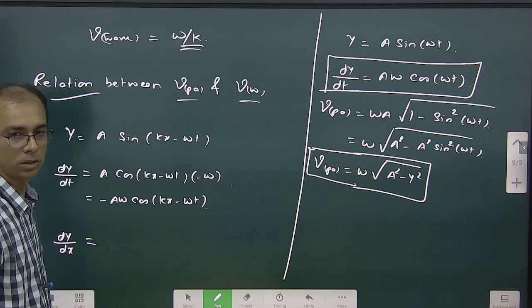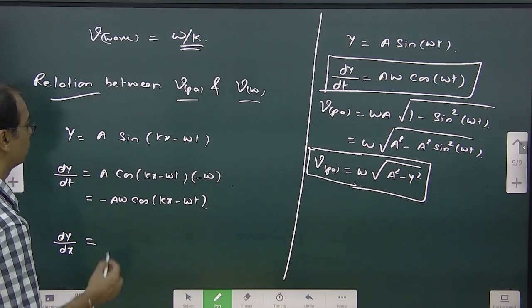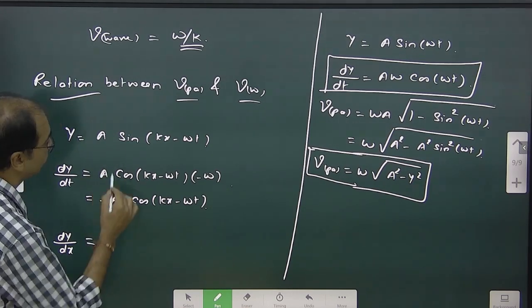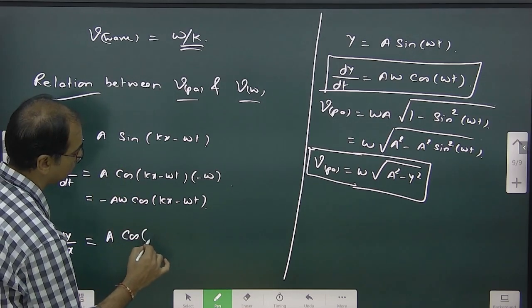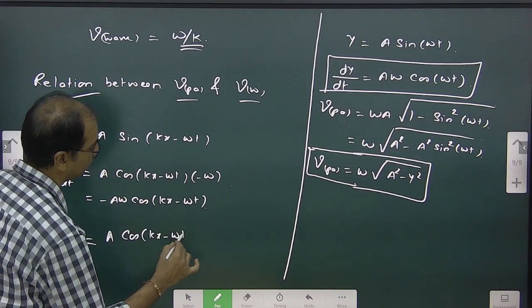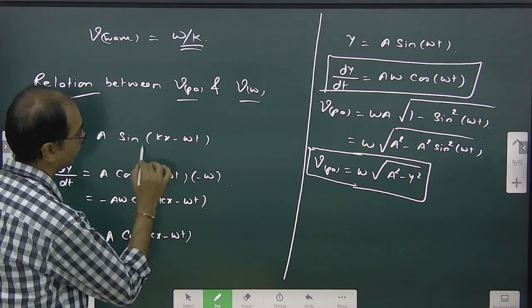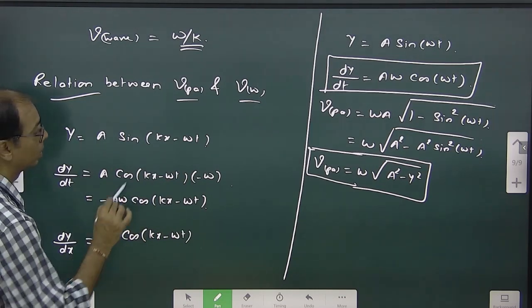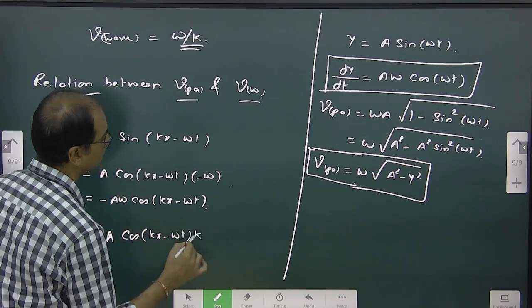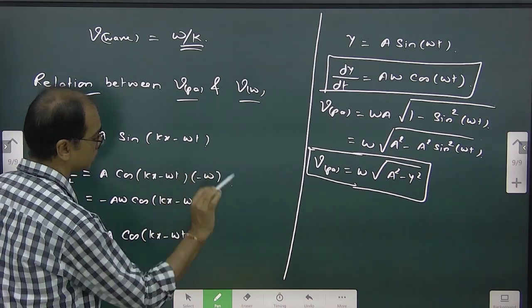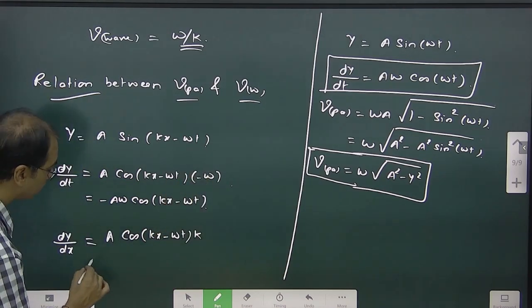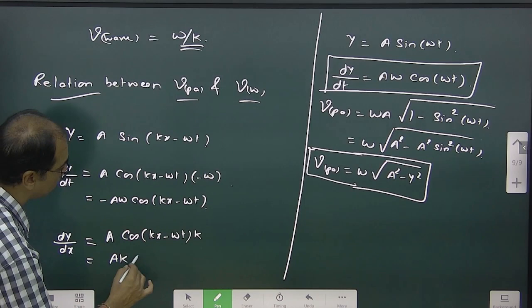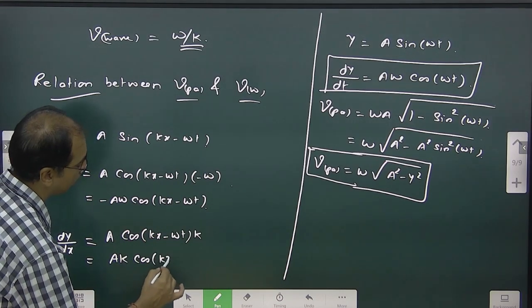So A, then cos of kx minus omega t, then differentiation of kx. This time we differentiate because we have taken x as variable, and k and t are constant. The omega t term gives 0. What we got is ak cos of kx minus omega t.